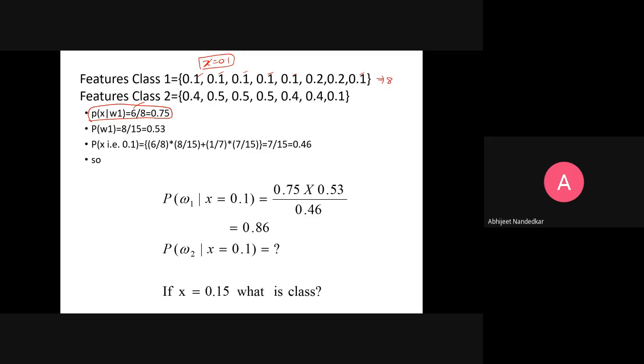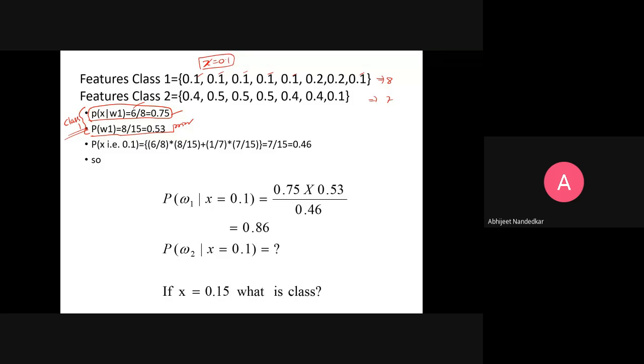There are 8 samples here and 7 samples here. So 6 by 8 is 0.75. This is the likelihood of 0.1 in omega 1. Then what is the chance of omega 1 itself? This is prior knowledge. 8 samples out of a total of 15 samples are omega 1 samples. So this is talking about class 1. 8 divided by 15 is 0.53.